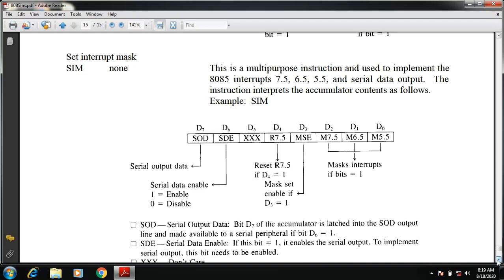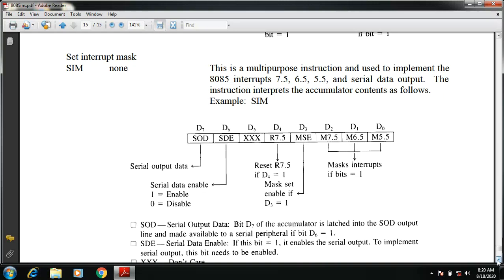These instructions use the content of the accumulator. Taking D0 to D7 as 8 bits, D0 is M 5.5, M meaning maskable interrupt, D1 is 6.5, D2 is 7.5. These three mask bits are set when equal to 1.